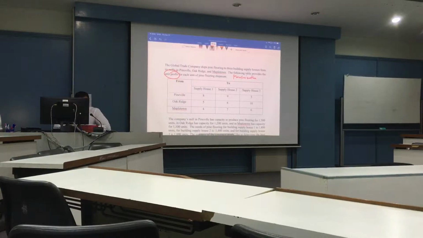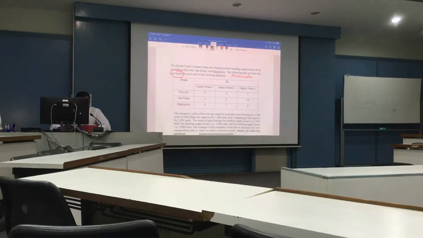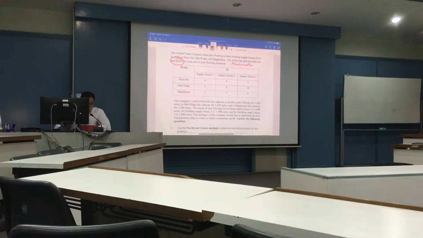By maximization, and when you sum up all capacity, here we have Private 1,500, Oakland 1,200, and Level Town 1,300. This is just 4,000.